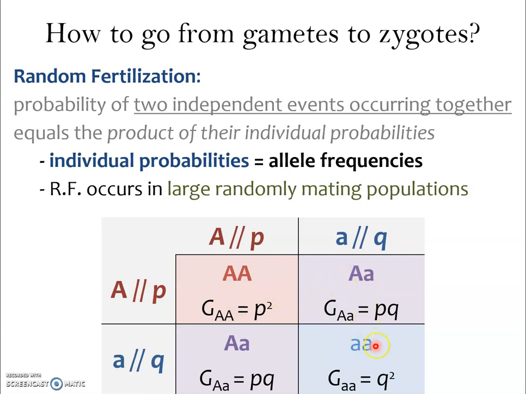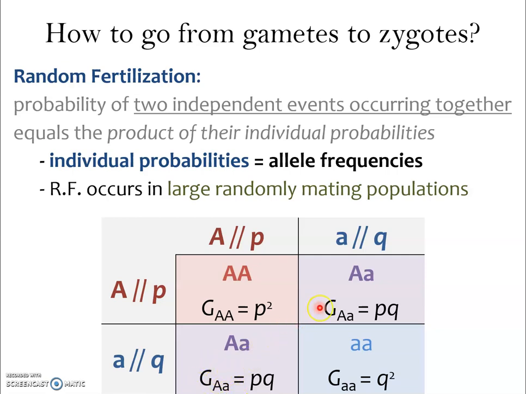The likelihood of getting a homozygous recessive individual is the likelihood of getting one recessive allele times the likelihood of getting another recessive allele. That's Q times Q. So we're pulling these 2 alleles out of our big bucket of alleles. The likelihood that we get a little a is equal to the proportion of little a in that bucket. And then our heterozygotes, the likelihood of getting a big A is P. The likelihood of getting a little a is Q. So P times Q represents our expectation for this genotype frequency.